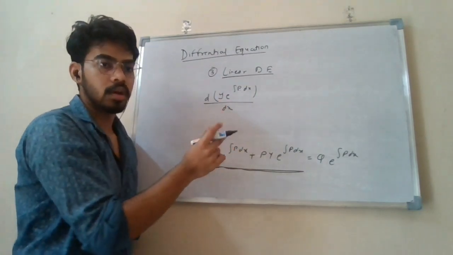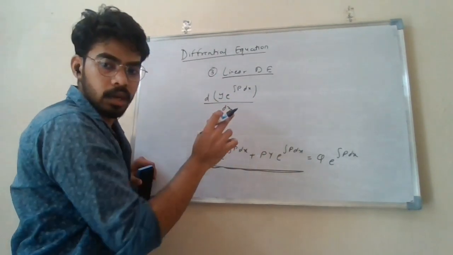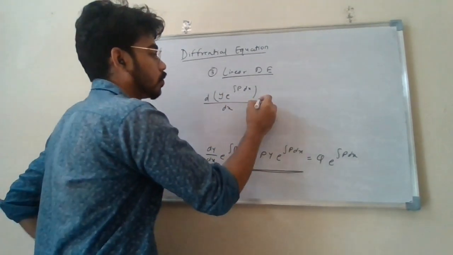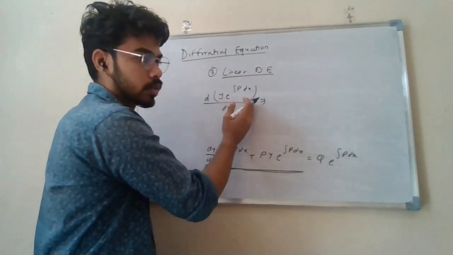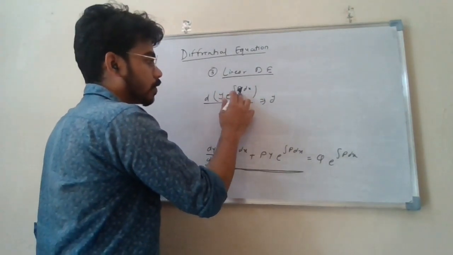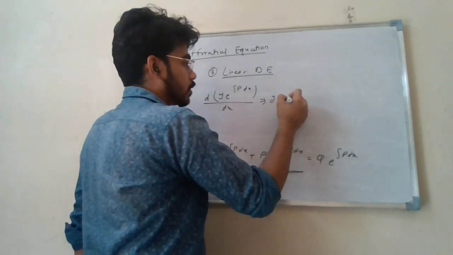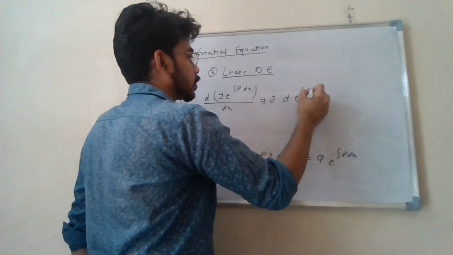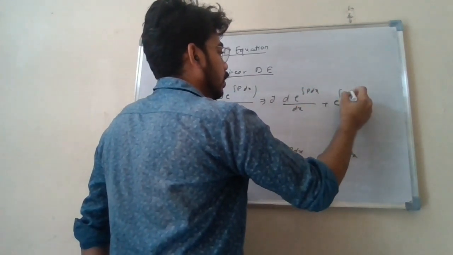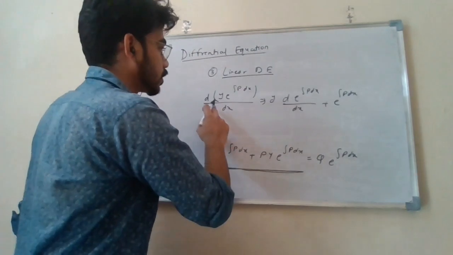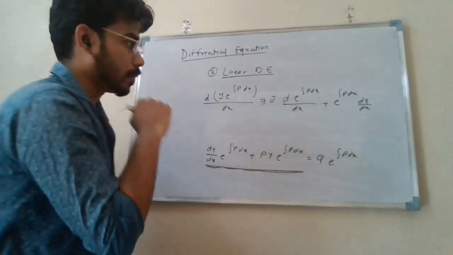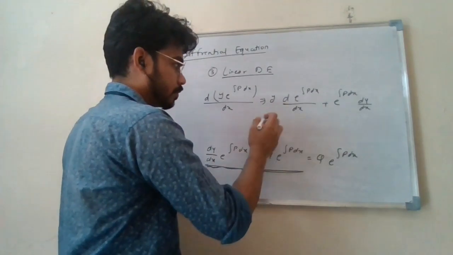Then we will apply the product rule, that means u dot v. So how can we differentiate this? First into derivative of second plus second into derivative of first, that means y into derivative of this term, that means d of e to the power integration of p dx by dx, plus second into derivative of first, that means dy by dx. Okay, how can we express this?